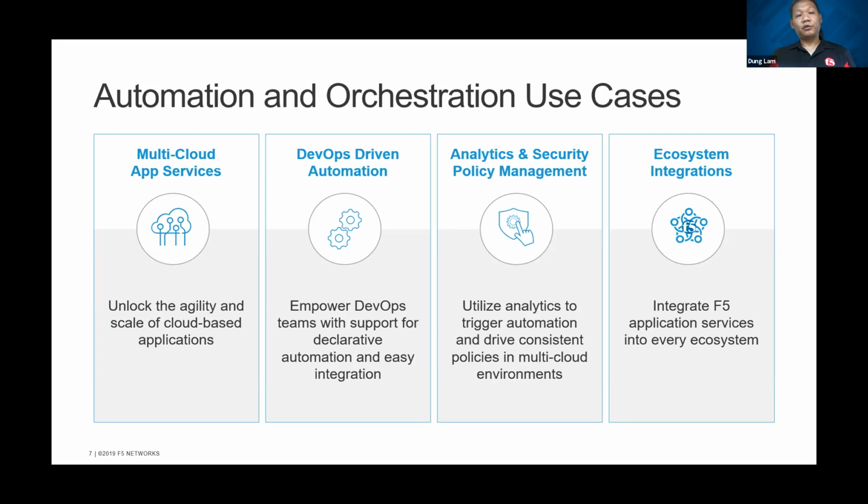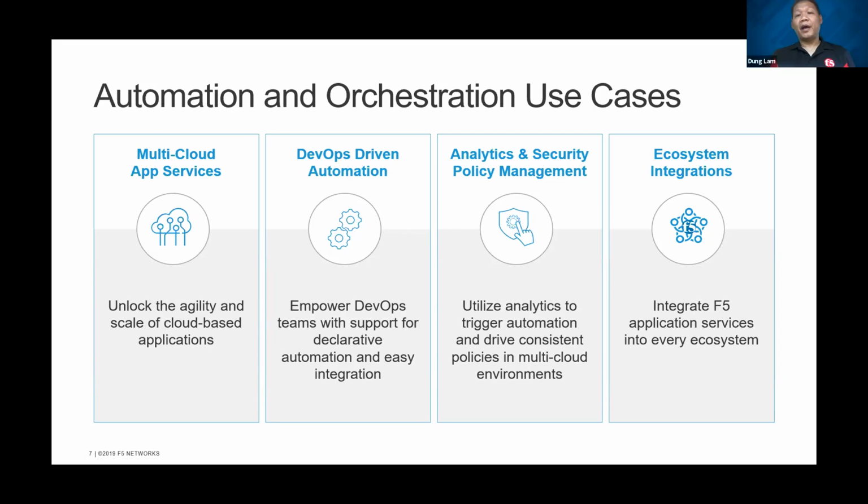The automation tools also empower the DevOps team to do what they do. DevOps is not relying on the UI to click and point and do things, so they need lots and lots of API capabilities. Then there's analytics and security.